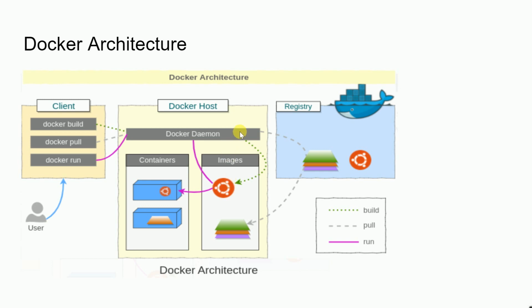But if it is not, then it tries to fetch it from the registry, then navigates to the local storage and then it is used as a container. And once it has been pulled, we can run the container using docker run. The Docker daemon tries to identify it from the images and then runs the container. So this is the basic architecture of Docker.